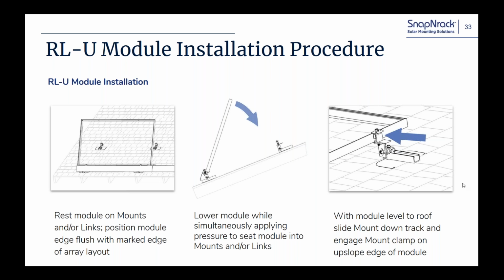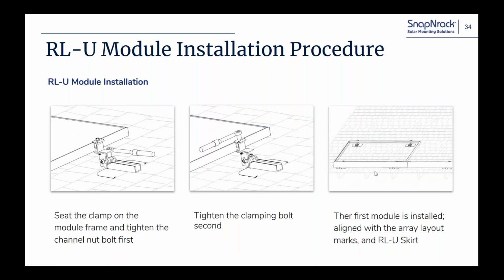And all that's done right in front of you, so you don't have to reach over the module and tighten up any bolts. It's designed to be a clamp-sleeve operation, so you clamp onto the module and you sleeve in the next module, so you never have to reach over and tighten up those bolts.